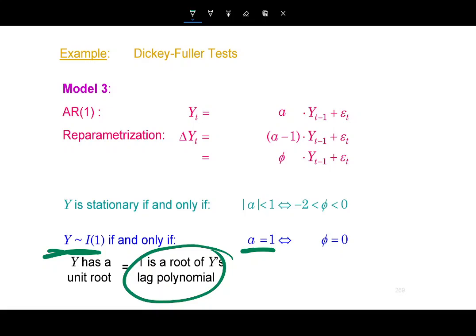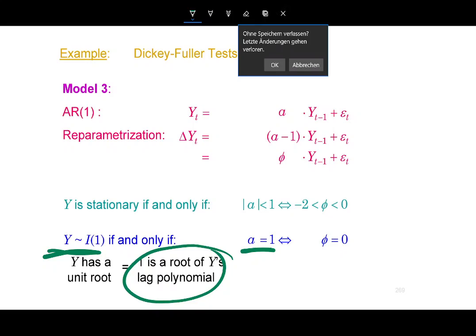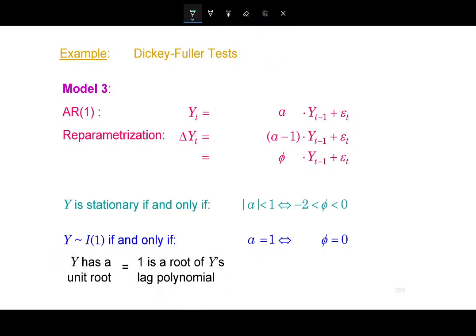All right, guys? And as you see, and that's what I want to mention here, this is going to be the null hypothesis of the Dickey-Fuller test. So phi being equal to 0, as you see. We're going to test this for significance, because if it is significant, then it's going to be negative.